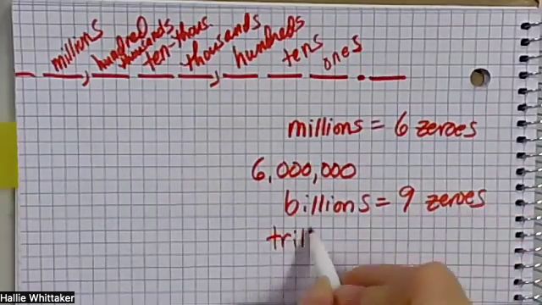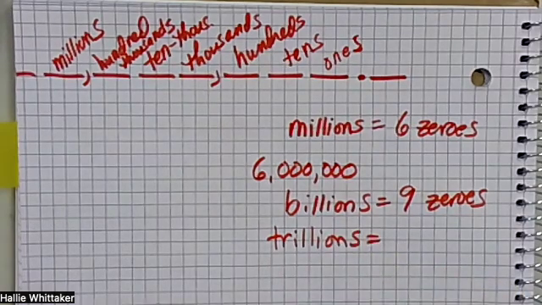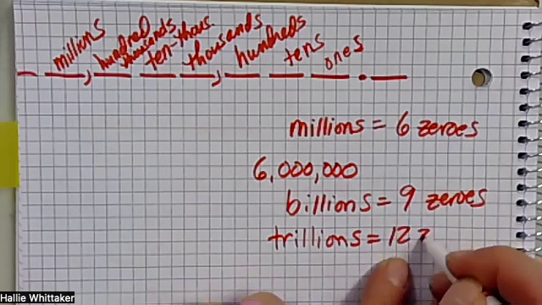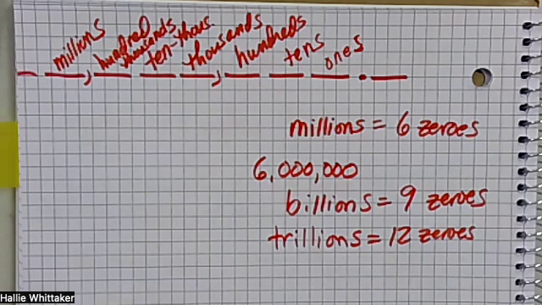And you can get this one. How many for trillions? It's 3 every time. Oh, this is making sense now. 12.